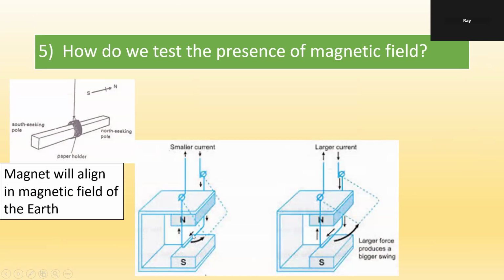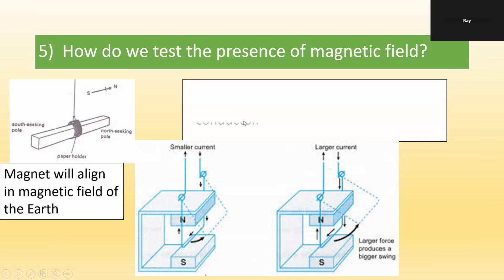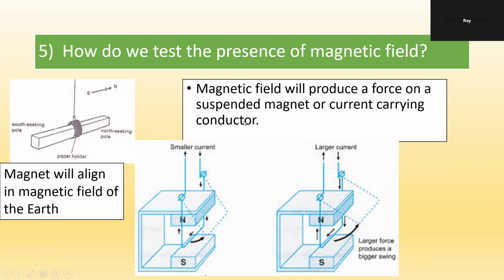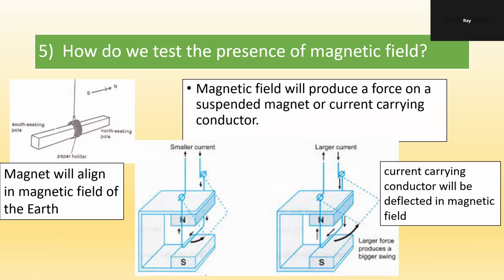We can show that if there's a magnetic field, then a current carrying conductor carrying current will be deflected. There's a force. Larger current, larger force; smaller current, smaller force. A magnetic field will produce a force on a suspended magnet or current carrying conductor. A current carrying conductor will be deflected in the magnetic field.